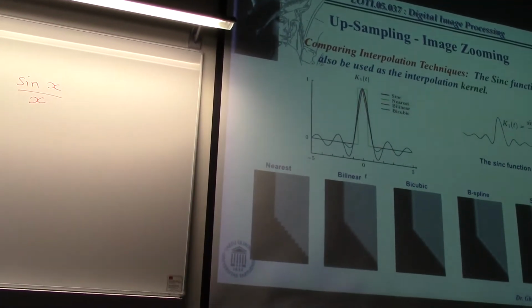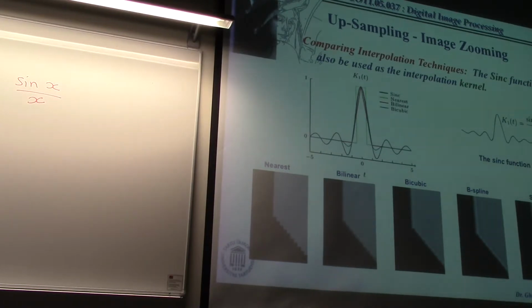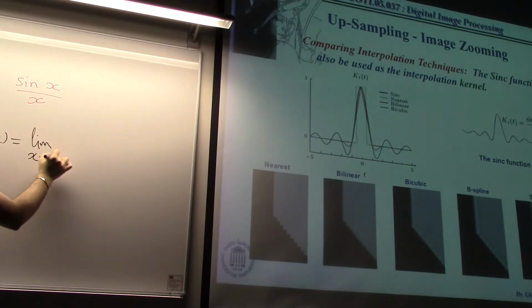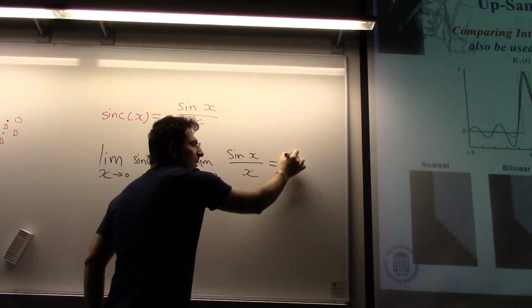And who wants to tell me why this function does not exist? You can't use it when x is 0. But we can calculate this one. The limit as x goes to 0 of sinc x, which is the limit as x goes to 0 of sine x over x, is equal to 1.